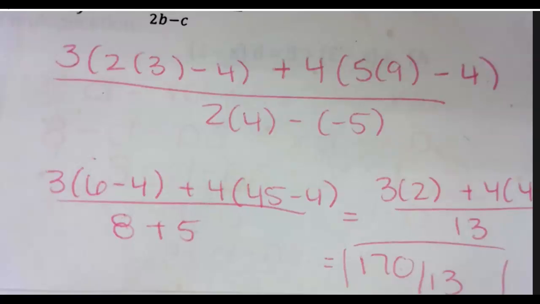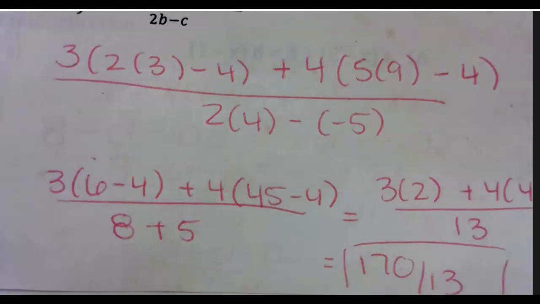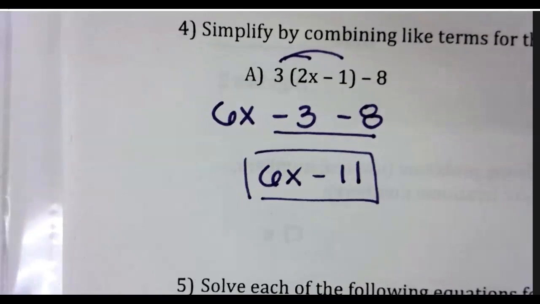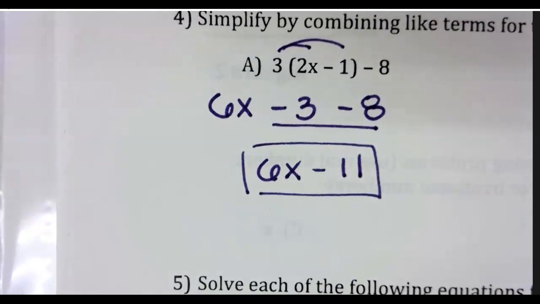Okay, flip it over. Let's look at the next page. So on the back, the first thing we're doing is distributing and then combining like terms. So letter A, you want to distribute and combine like terms.